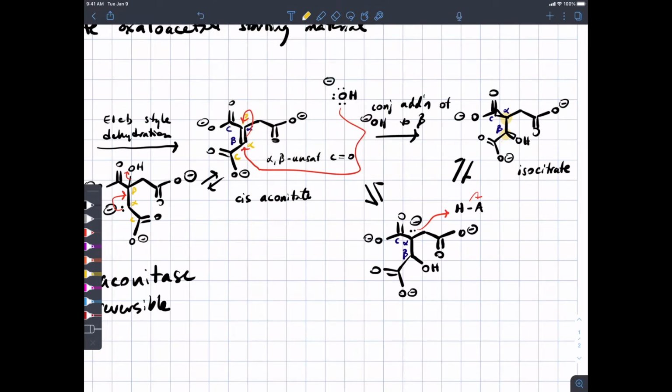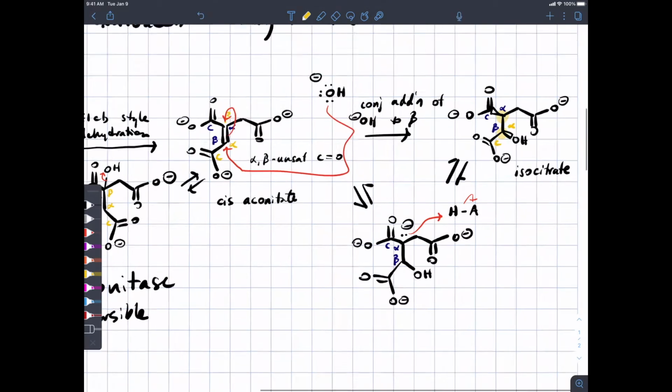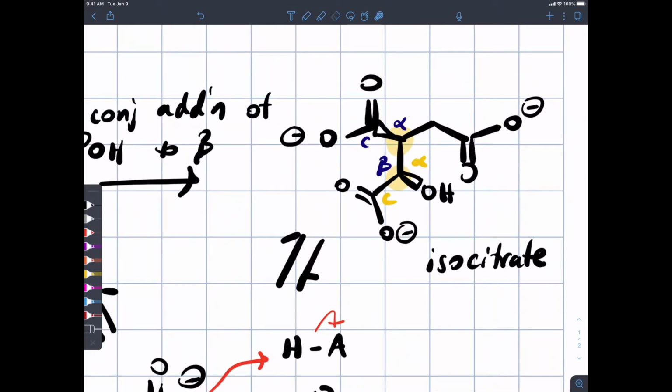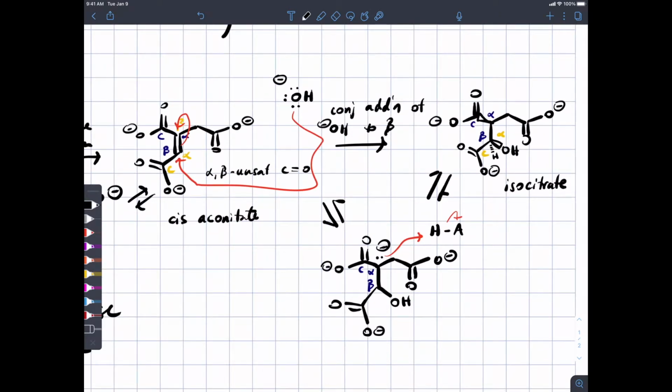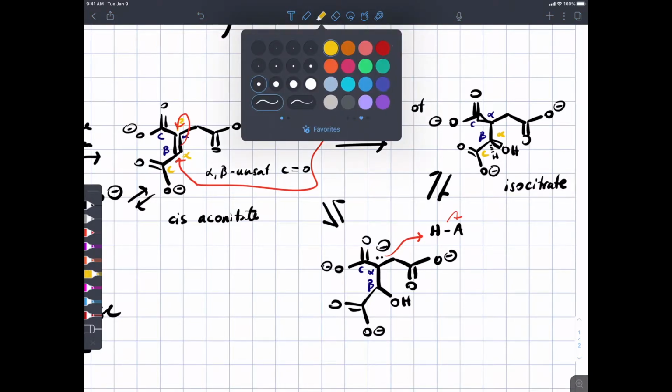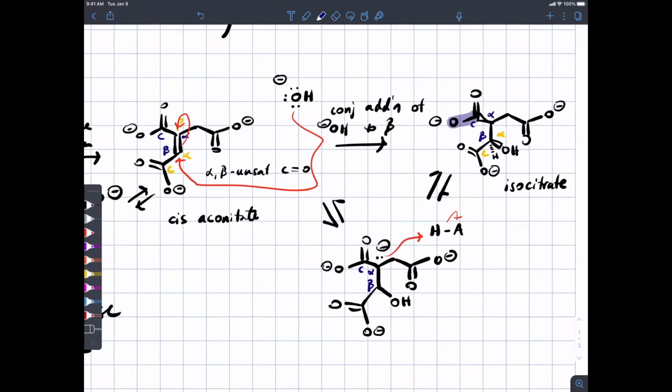Remembering that one of our goals is to get rid of a couple of CO2 molecules, we said we can do that from an alpha keto acid or from a beta keto acid. We've now got this OH and it's on a secondary carbon, so it's oxidizable. If we oxidize that to the ketone, we would then be prepared for two different decarboxylations, one of this CO2 and then the other decarboxylation of that one.